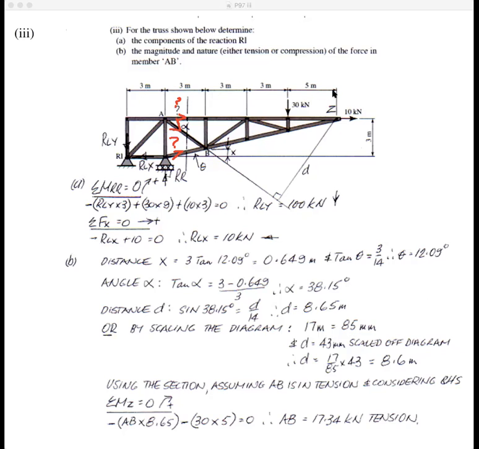So that distance there on the diagram is 85 millimeters. So if you scale off D, you've drawn this accurately at right angles, and you measure that distance there, and it works out to be 43 millimeters.